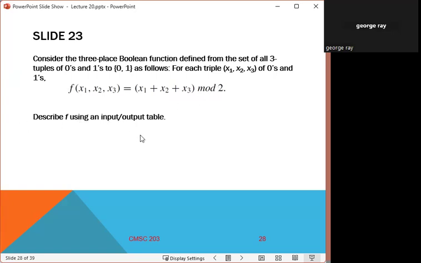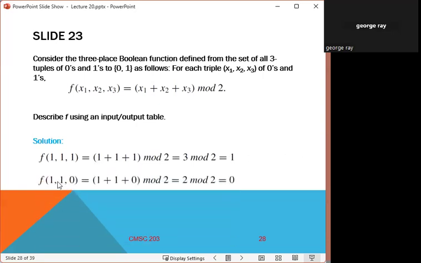So we want to describe that using an input-output table. So first thing we have to consider, just how are we going to do one particular combination? So 111 is one of the 8 possible combinations. And that would be 1 plus 1 plus 1, or 3 modulo 2, and that's equal to 1.